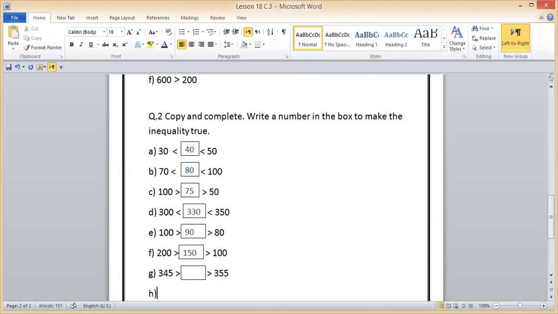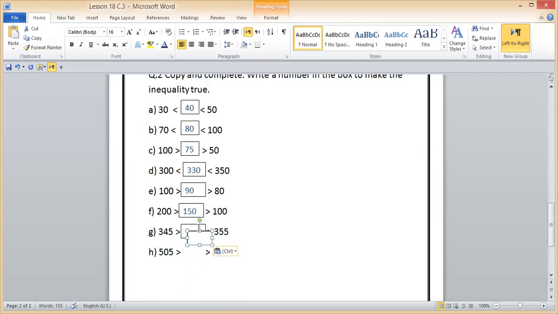And H is 505 and 510. This is not from the book, guys. And then I is 292 and 295.